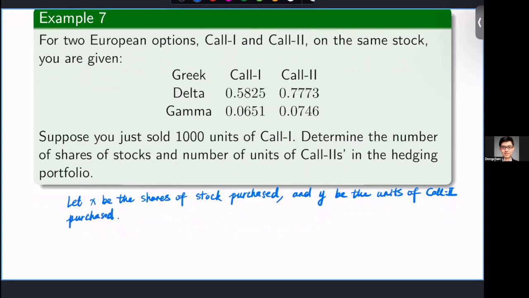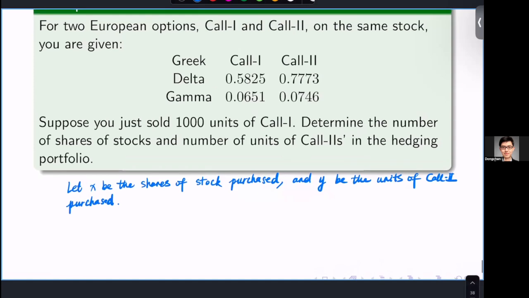Eventually, if you find your X is negative, then you're essentially taking a short position in stock. Of course, if Y is negative, then you are actually taking a short position in this call 2. So we're going to set up two equations.